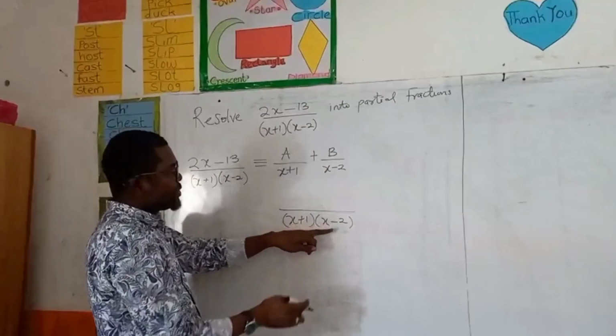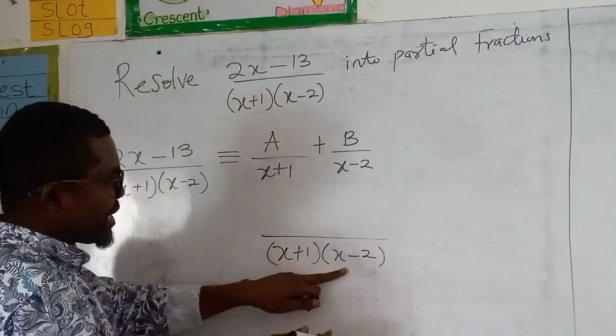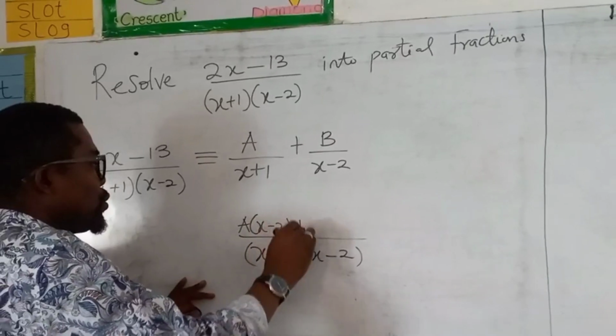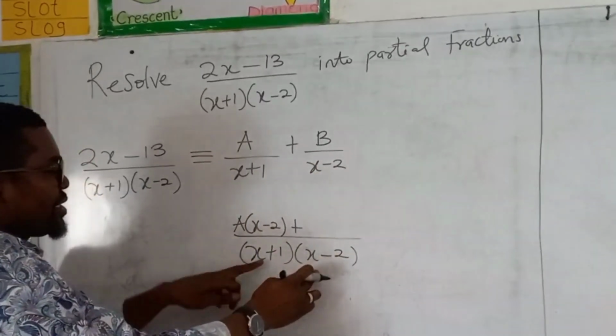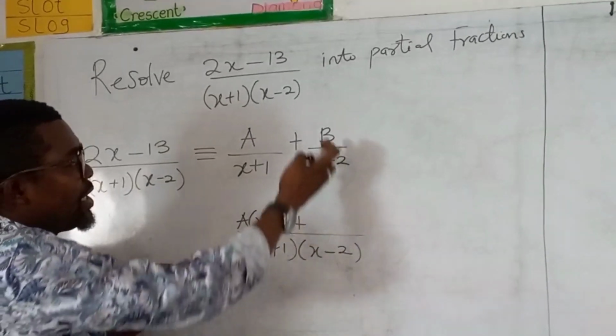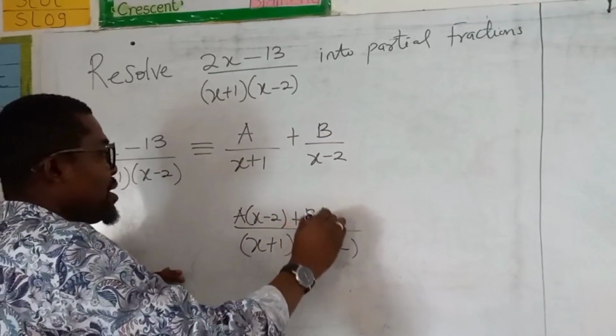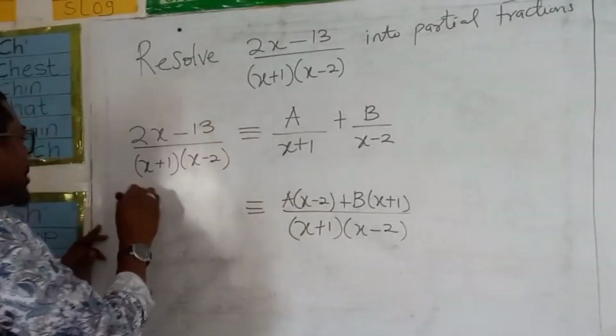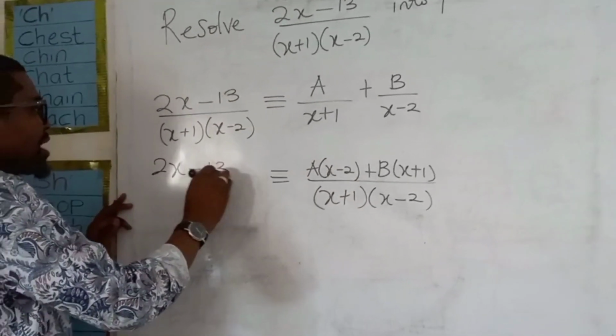This into this will be left with x minus 2 multiplied by the numerator a. So I have a into bracket x minus 2, plus this will take care of this, so I'll be left with x plus 1 multiplied by b. That will give me b into bracket x plus 1. Alright, and this is equivalent to the given partial fraction.